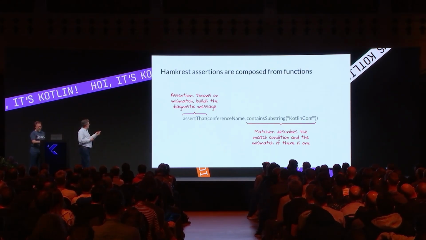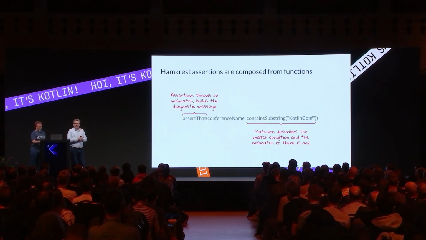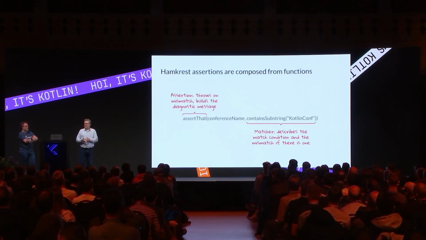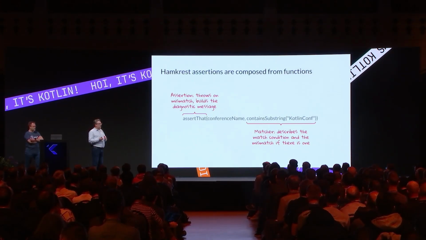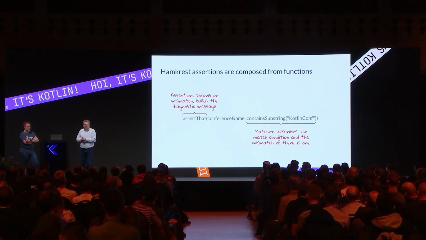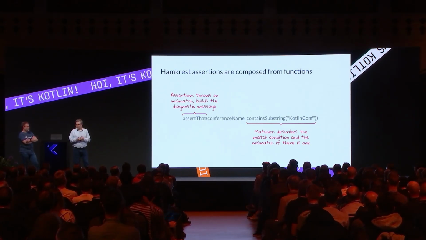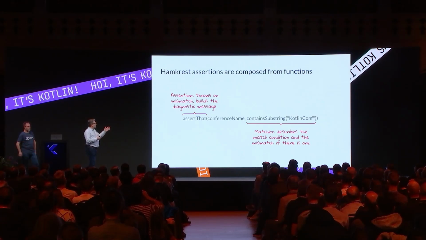In Hamcrest, the assertThat function checks the result, can fail your test if a match is wrong, and can build the diagnostic messages that you want to come out of your test suite. And a matcher describes a particular match condition, can describe that condition, and can describe a mismatch if there is one. So I can write lots of different kinds of matchers.